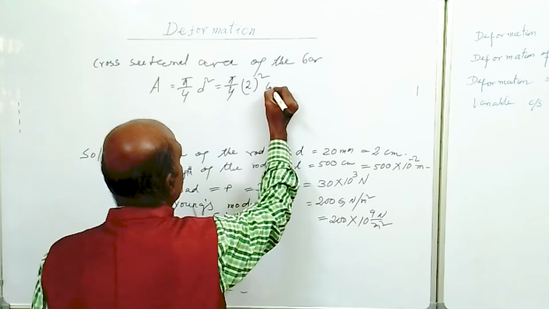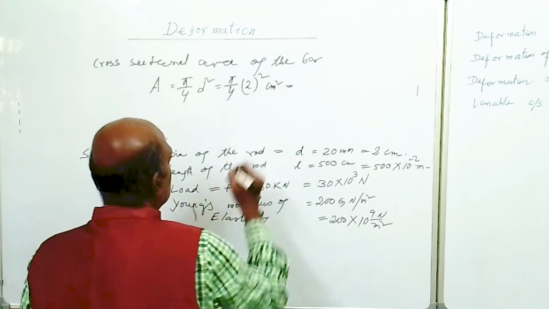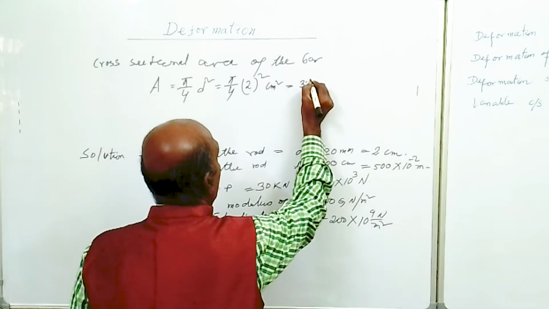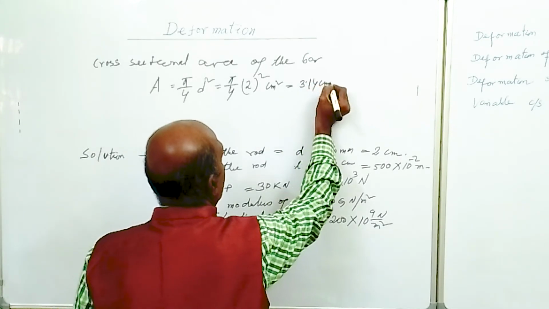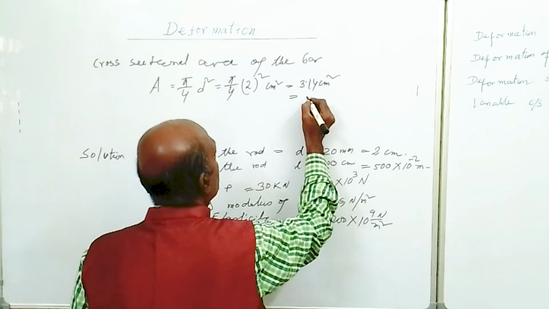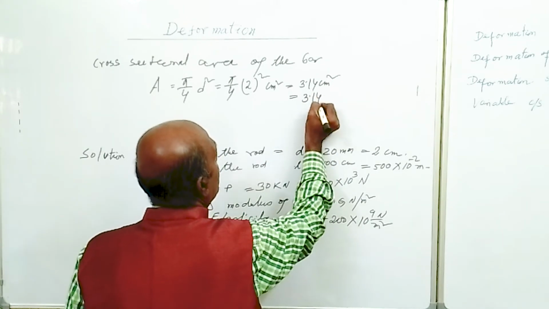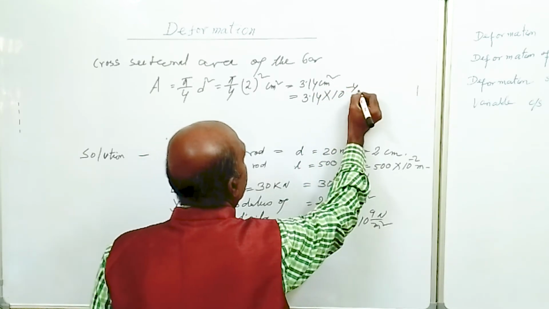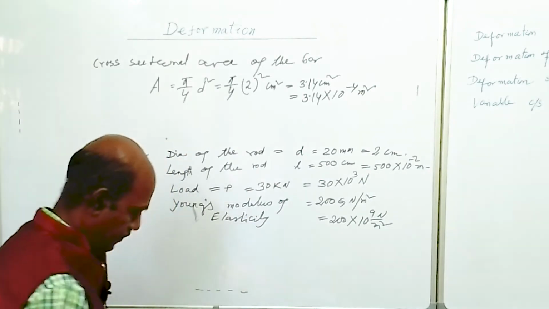So it will come in centimeter square. Converting it, it is 3.14 centimeter square, which is equal to 3.14 into 10 to the power minus 4 meter square.